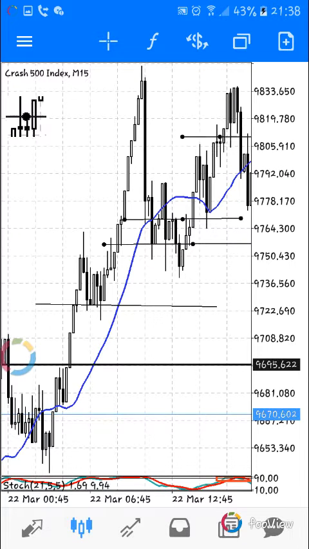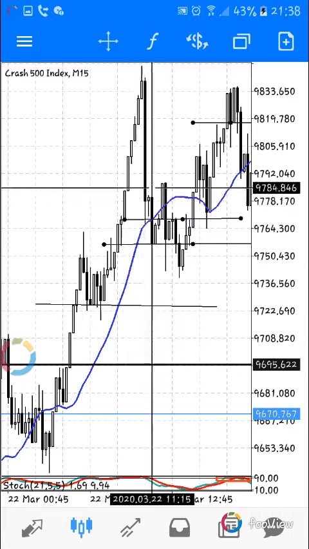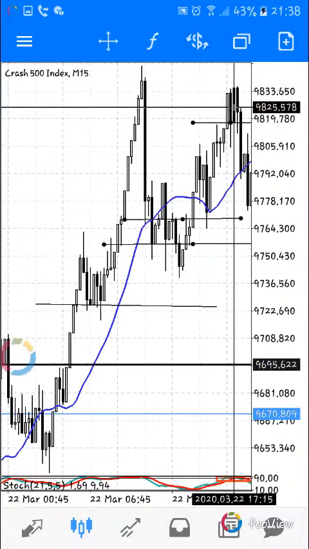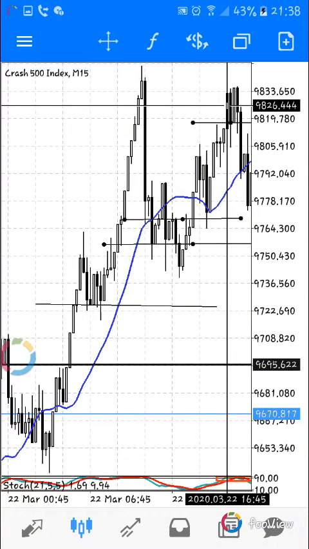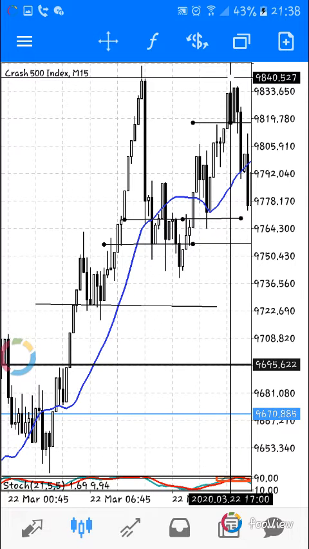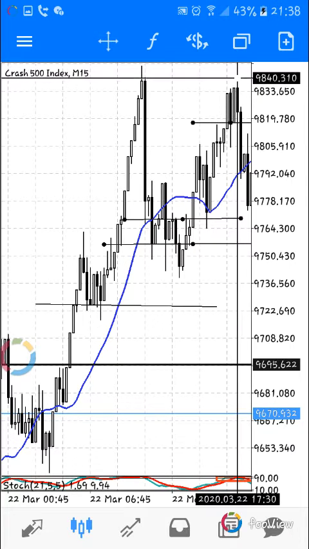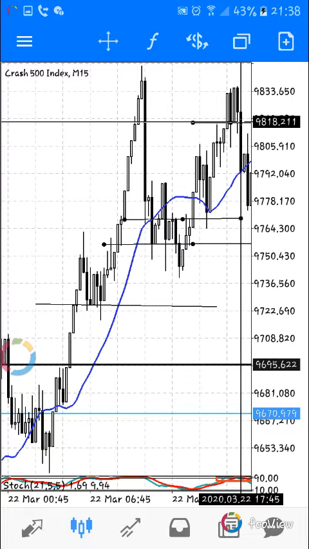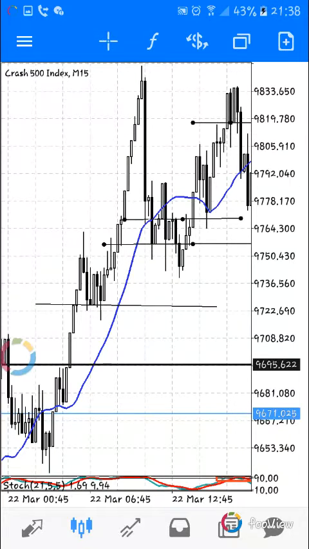Then finally, what made me even start looking at this trade was here. Price broke the point. This was the level from which it started to go up. At this point here, it started to go up, came back down, then it crashed.